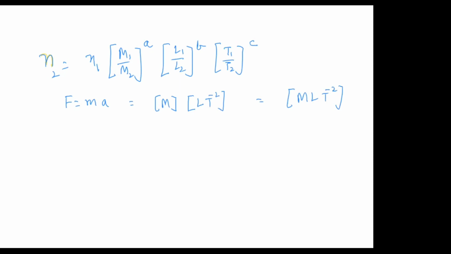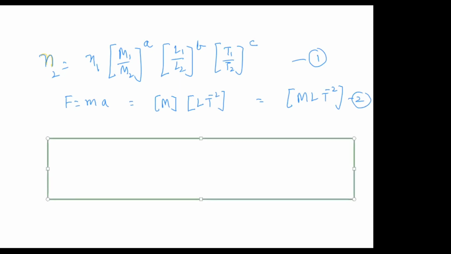Now we can see here from these two equations, equation number 1 and equation number 2, that a will be equal to 1, b will also be equal to 1 and c will be equal to minus 2.